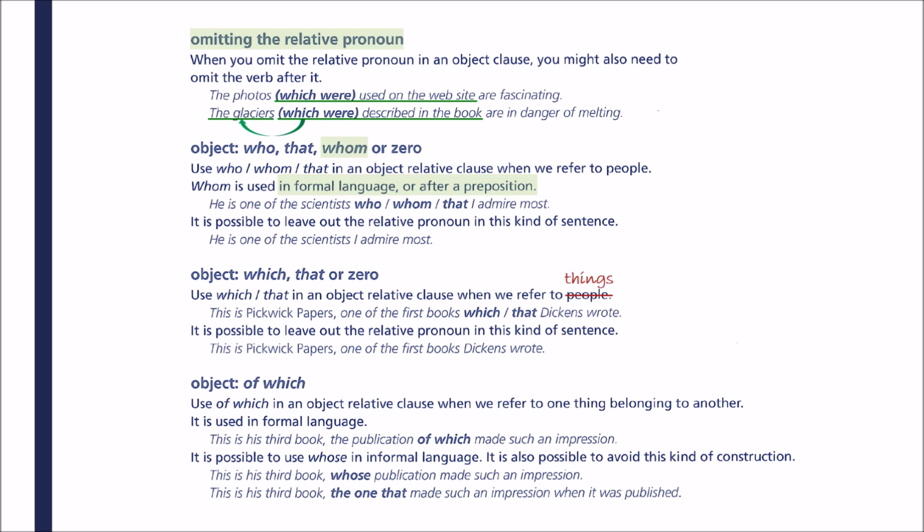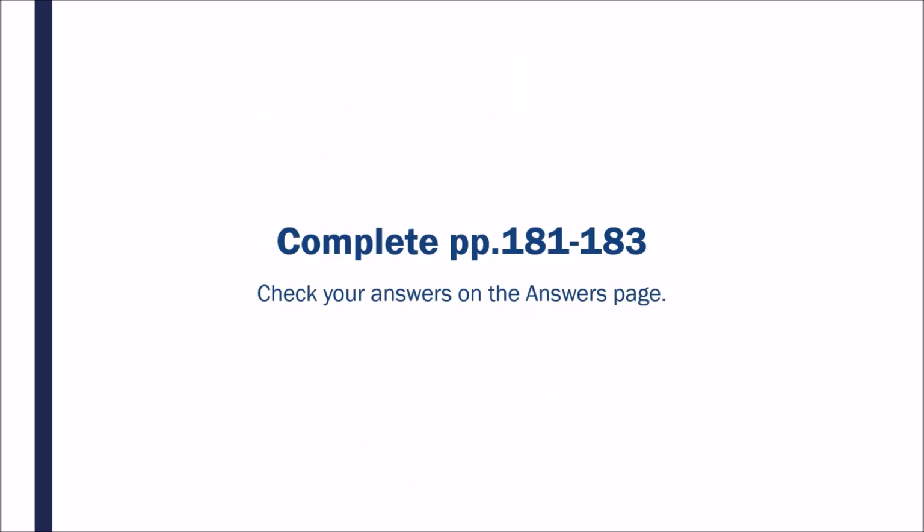Please correct the notes on your page and change the word people to things. Something new is, if you want to mention one thing belonging to another thing, we can't use whose because we are not referring to a person. In this case, we may use of which.